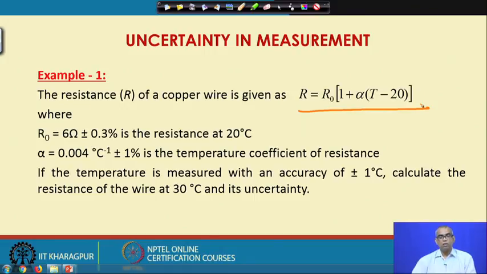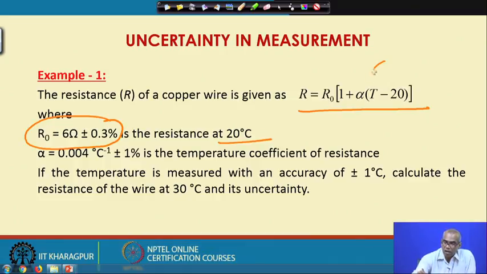You know the resistance of a wire changes with change in temperature, and that relationship is expressed here, where R 0 is 6 ohm plus minus 0.3%, and this is the resistance at 20 degree Celsius. Note, uncertainty in R 0 is expressed as plus minus 0.3%.